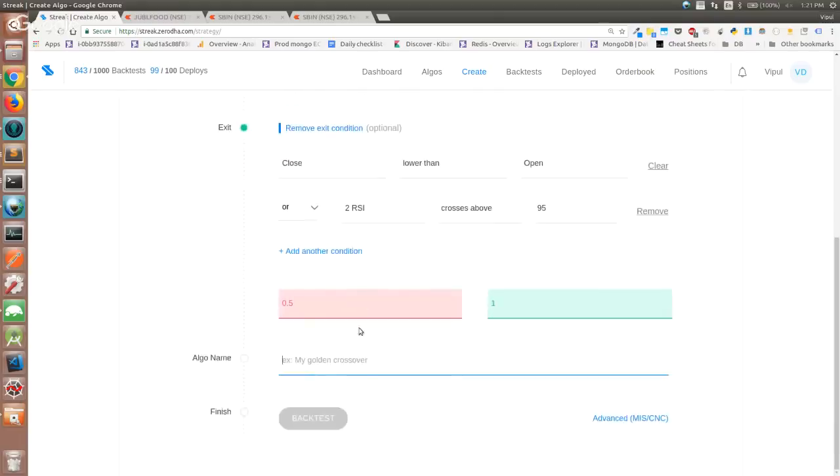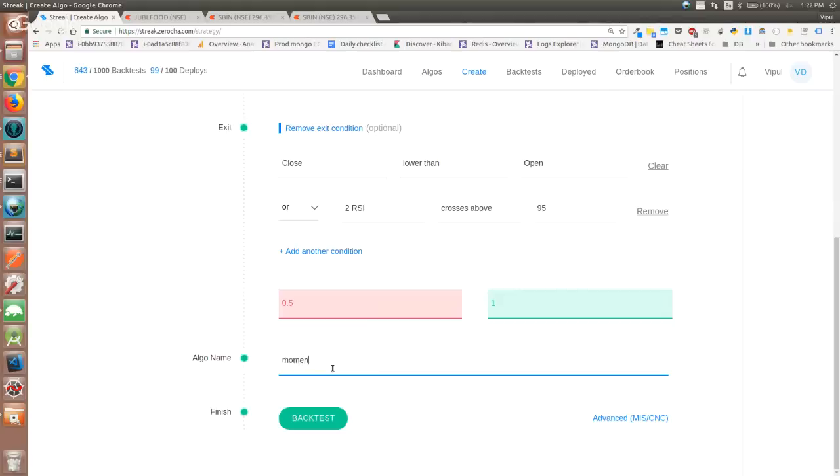And my brick size is 1, so I'm keeping in mind that my stop loss should be close to the brick size, so that as soon as one Renko bar downwards is formed, or the price moves against me by about one brick size, I'll exit, right?